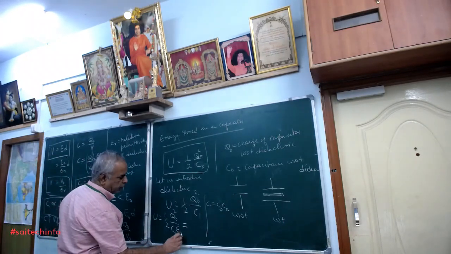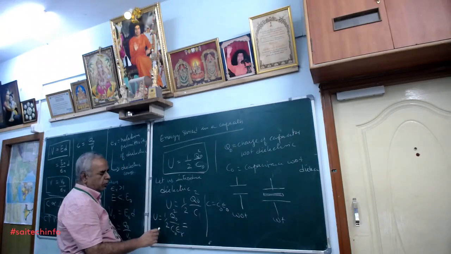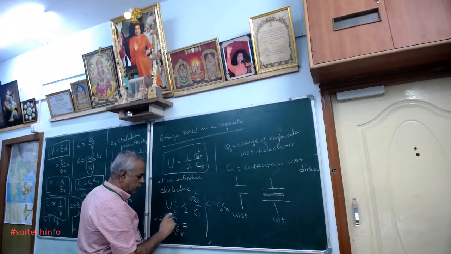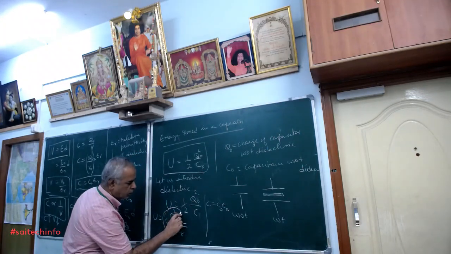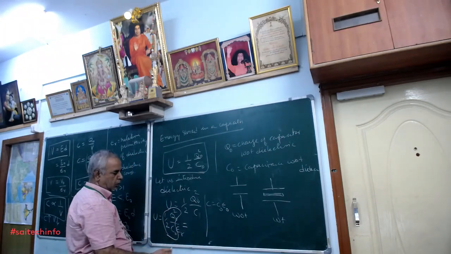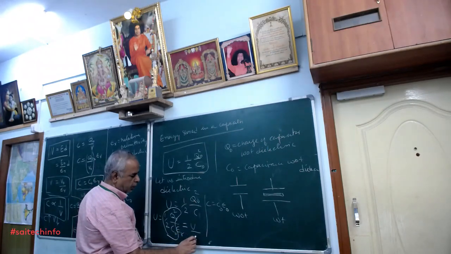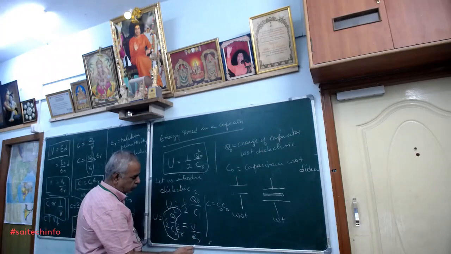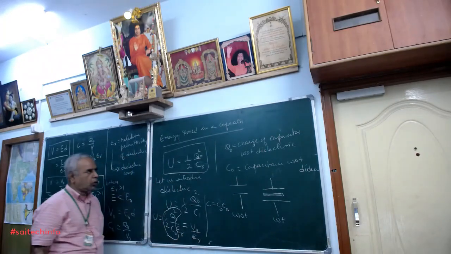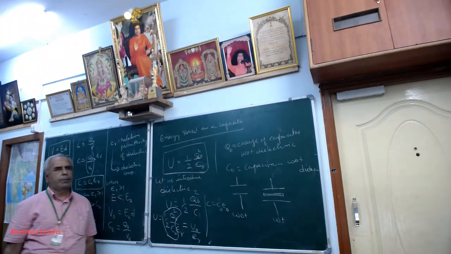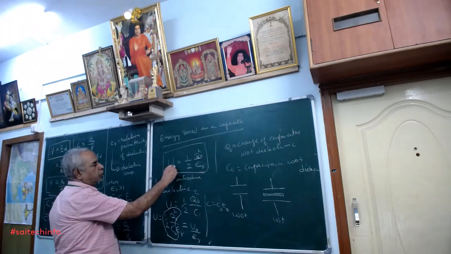Therefore U is U naught divided by epsilon R, because this is U naught.